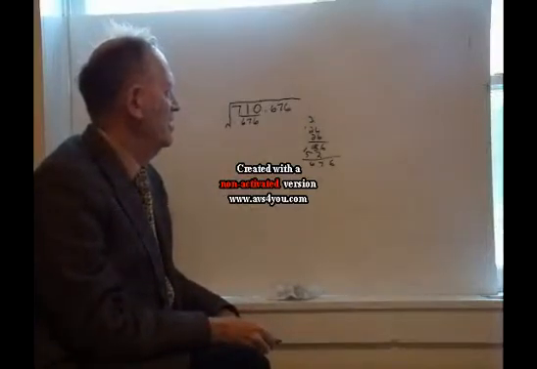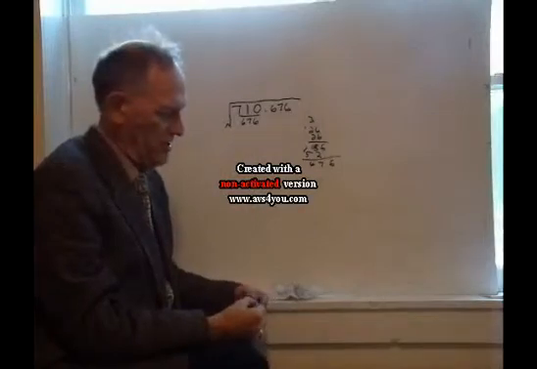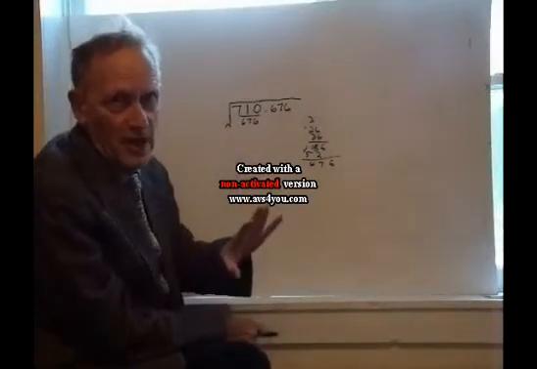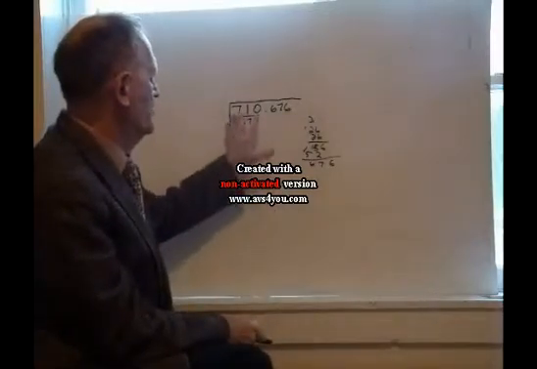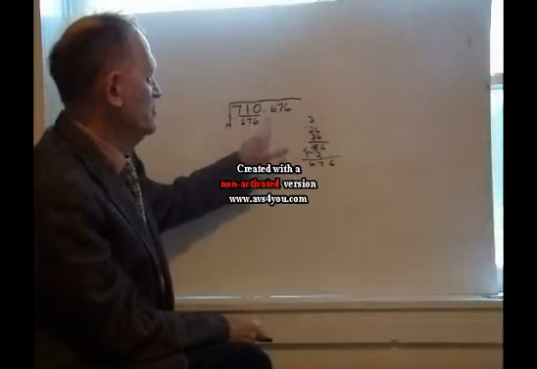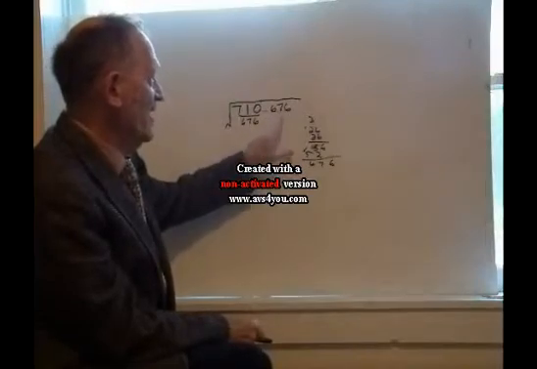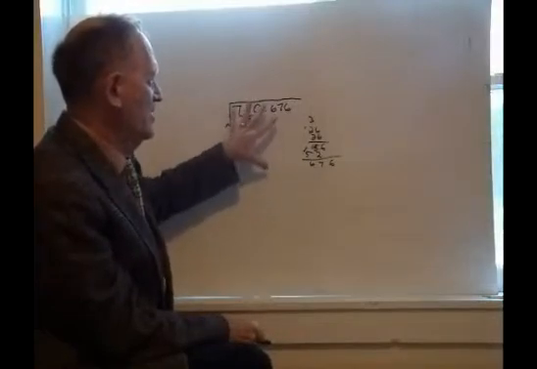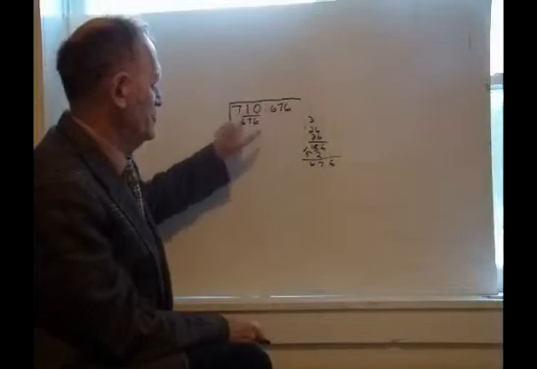And my next step is going to be to break this into two square roots. Remember I said originally that I'm going to break this number 710 into the product of two numbers, one of which is a perfect square, and that I have already done, as you can see. There's the perfect square, and here's the other number, and this, of course, equals 710.